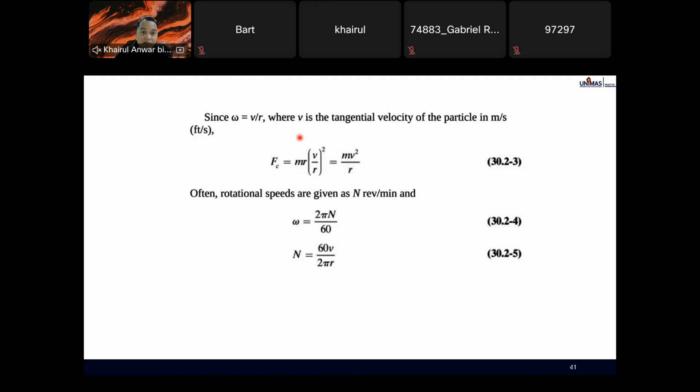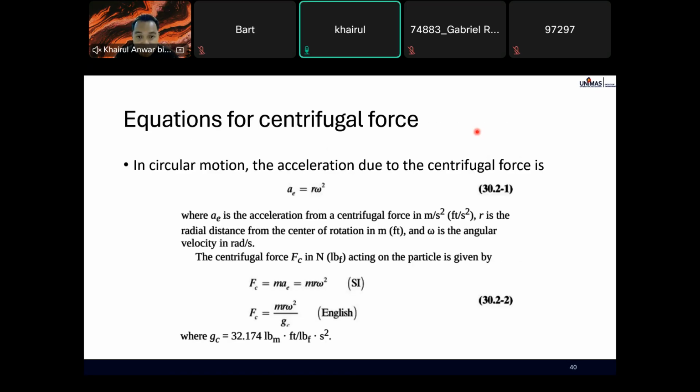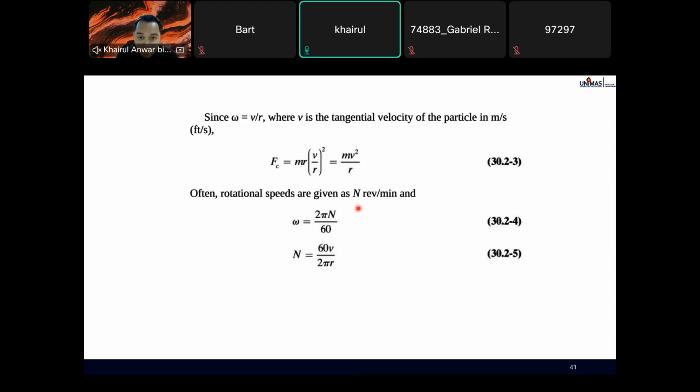Omega equal to v over r, where v is the tangential velocity of the particle in meter per second. Then F_c equal to m v squared over r, and the rotational speed is given as N revolution per minute. N is also a Newton, but this N is italic. So italic N refers to the rotational speed, or revolution per minute.